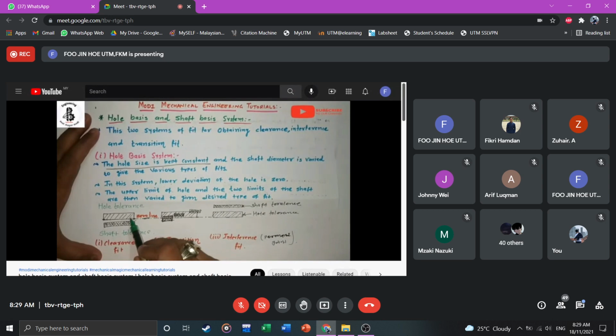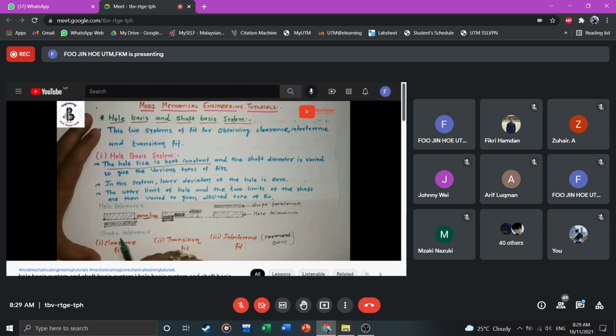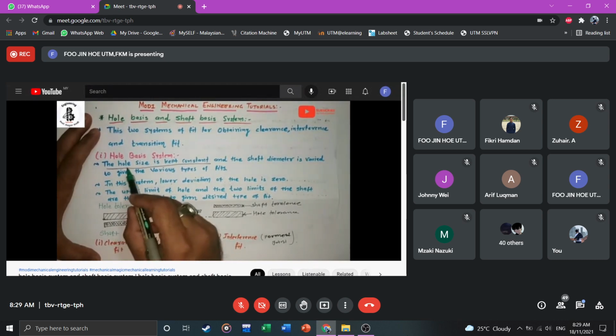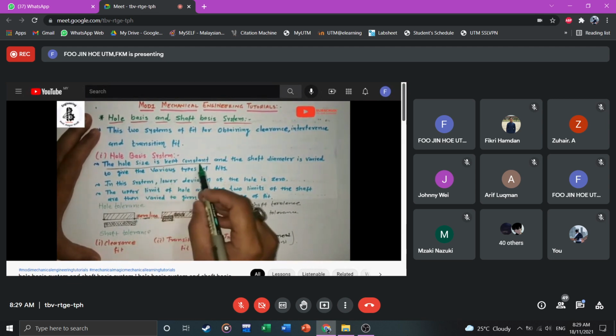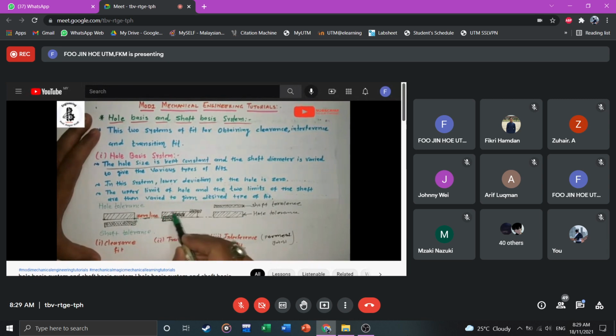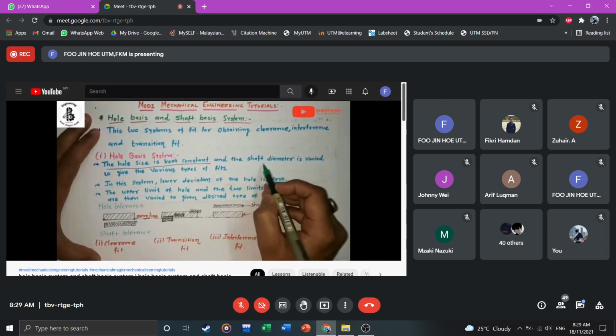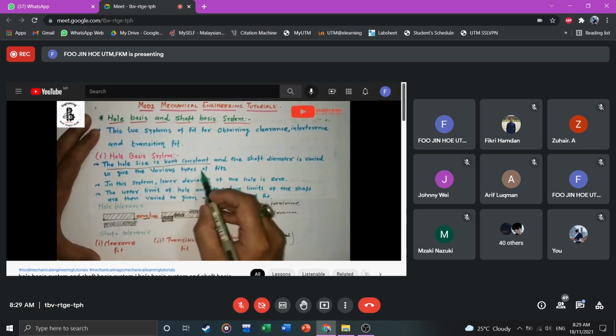That will be the first hole tolerance and shaft tolerance. If there is some clearance, or gap, between these two, that will make a clearance kind of fit for that positioning of the hole tolerance and shaft tolerance. According to the hole basis system, the hole size is kept constant, and just the shaft diameter is varied to give various types of fit.